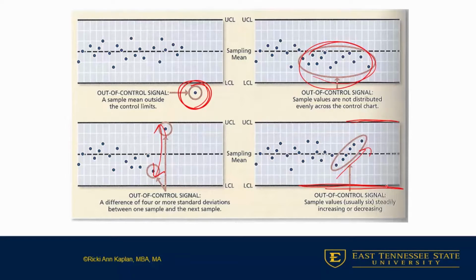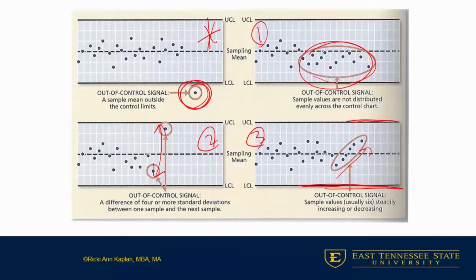Remember before we talked about prevention, appraisal? This is the appraisal side. We want to get things worked well before they move into an internal failure, because that's going to cost us more money. Again, if on these 3 we are moving out of control, it is not out of control yet, we're still producing quality product.